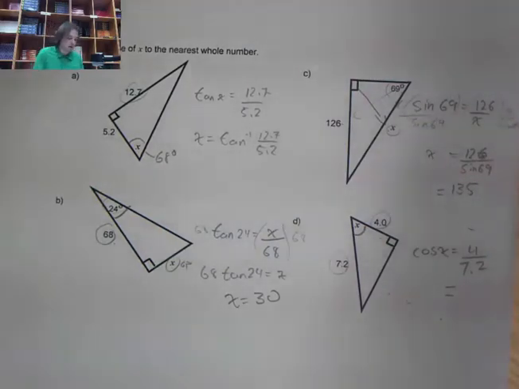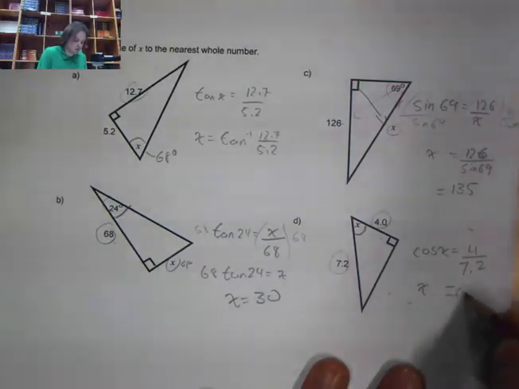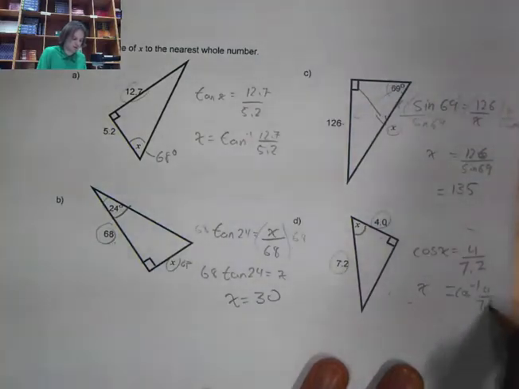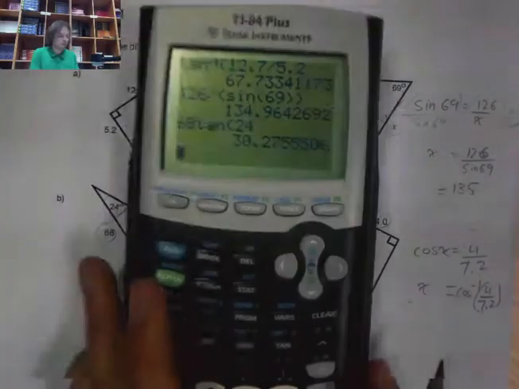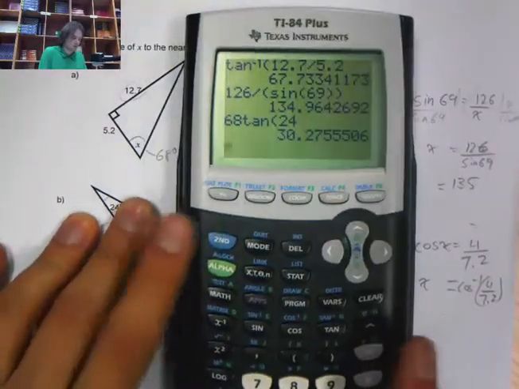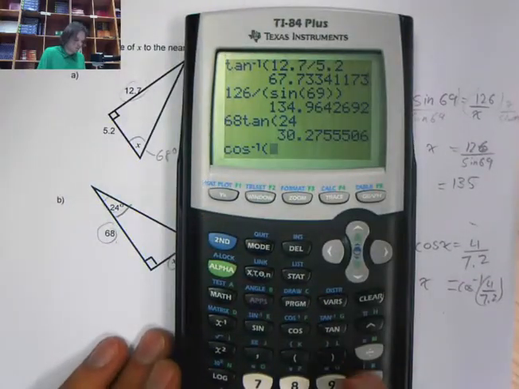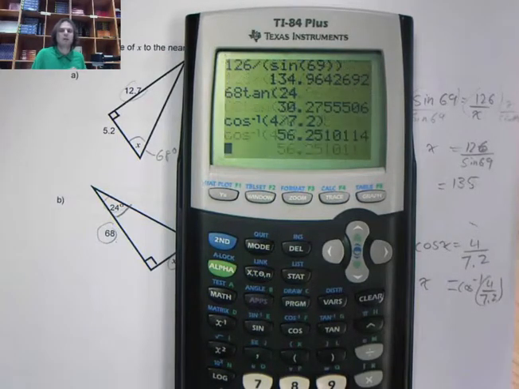Now, x is equal to cos to the inverse, 4 divided by 7.2. Plug that into my calculator: second cos, 4 divided by 7.2, close my brackets, and I end up getting 56 degrees.